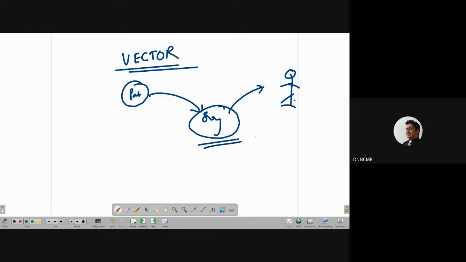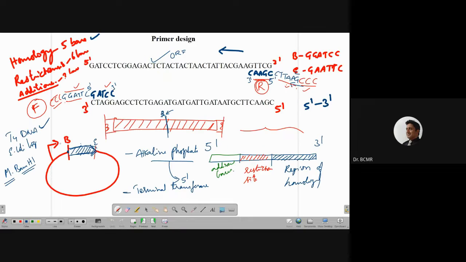This organism is referred to in that scenario as a vector. A vector is something that carries. In this case, in all the examples that we were discussing, this is our gene of interest, and we are putting the gene of interest into a DNA molecule that is carrying it. So we call that a vector.